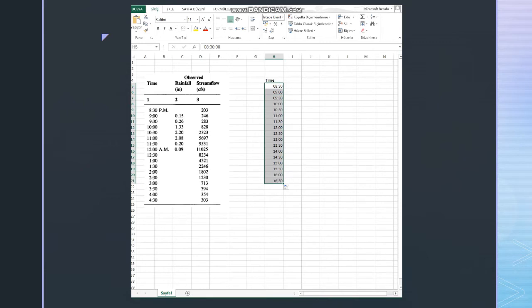All right, and we have observed rainfall here: time, observed rainfall, and stream flow.